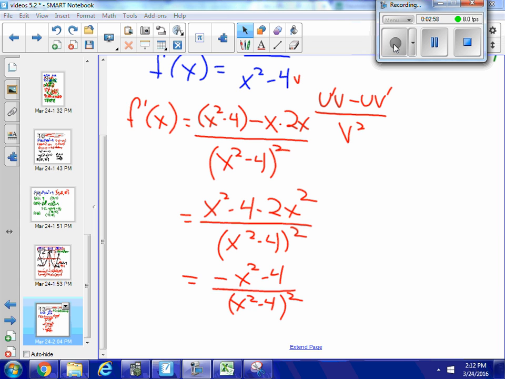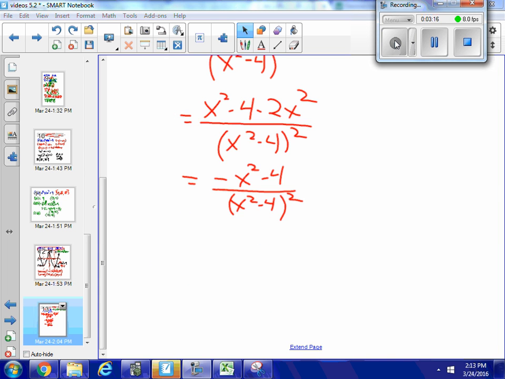There is nothing else I can do to simplify this. I know it looks like it should be simplifiable, but this negative sign right here in front of the x squared makes it so that I wouldn't have the same sign to be able to cancel out an x squared minus 4. So let's see if I have any critical points.